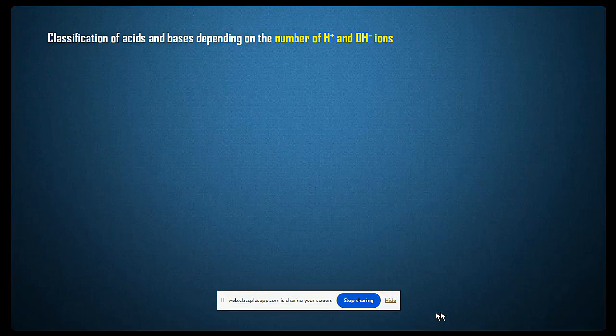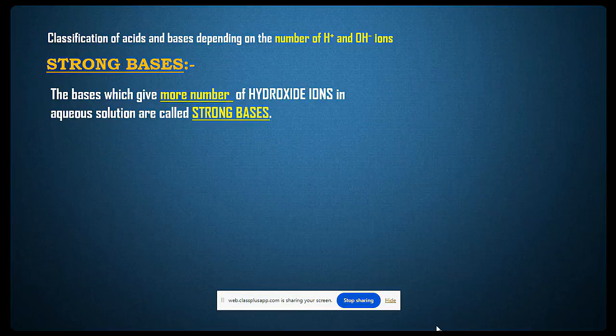If the number of OH minus ions is less, then that solution is a weak base. Strong bases: the bases which give more hydroxide ions in aqueous solution are called strong bases. Examples: NaOH, KOH, NH3, etc.